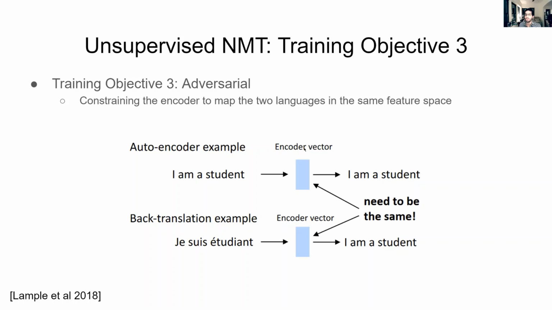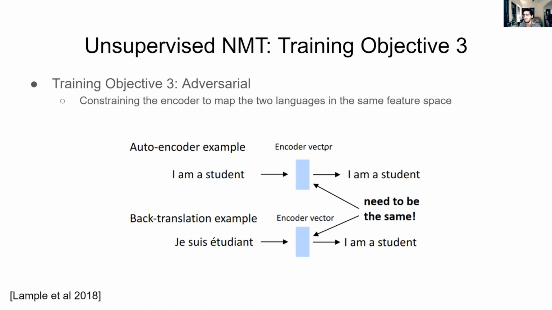So what you want to achieve is that these two hidden vectors should be indistinguishable. So you train a classifier on the encoder vector, which takes this as an input and then tries to predict which language the encoder input is from.